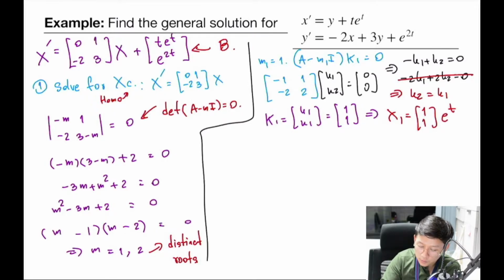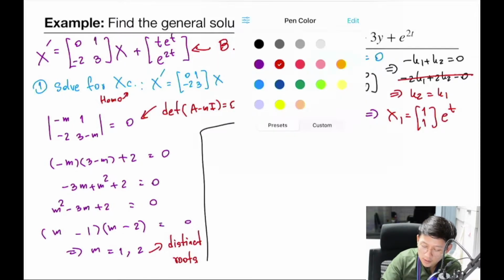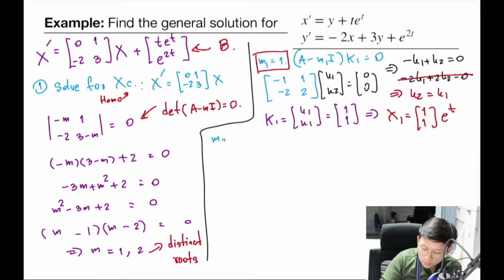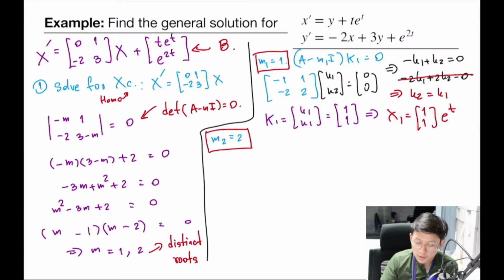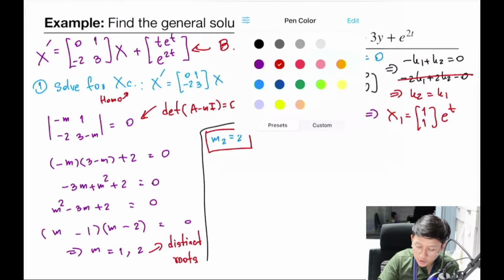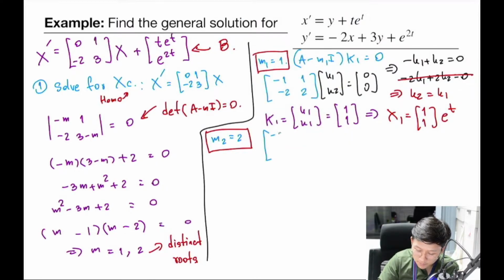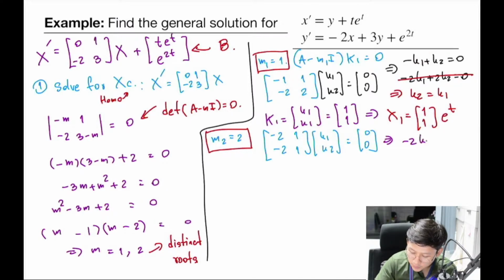And then we take m2, which is 2, okay? We look at the second m. So using the same equation, we have minus 2, 1, minus 2, and 1, times k1, k2 equals 0, 0, which means that minus 2k1 plus k2 is 0. Okay, and we have the same equation twice, right?